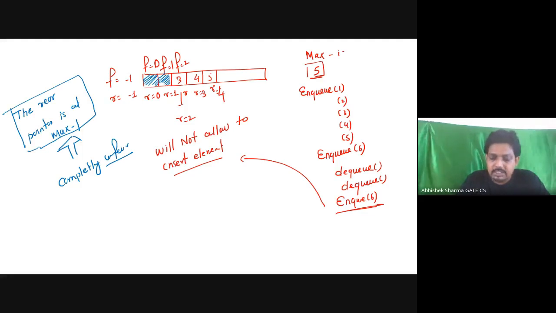Because it is pointing to the location which is still not empty, we cannot fill it because the pointer is not allowing. Our code is written in such a way, and that is not a good idea.